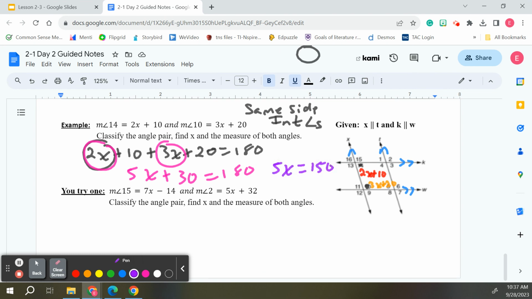Divide by 5, I get x is equal to 30. They want us to find the measure of both angles. So for angle 14, 2 times 30 plus 10, which gives me 70. And then 3 times 30 plus 20, which leaves me with 110.